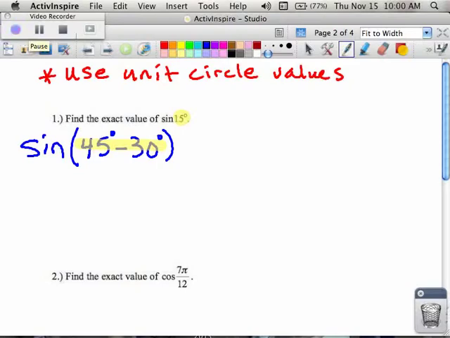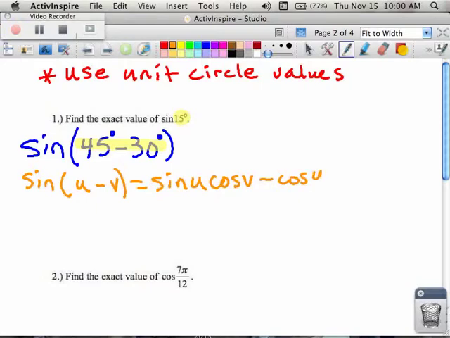As you look at your formula sheet, do you notice that on that formula sheet, there's something that says this: the sine of u minus v equals the sine of u times the cosine of v minus the cosine of u times the sine of v.